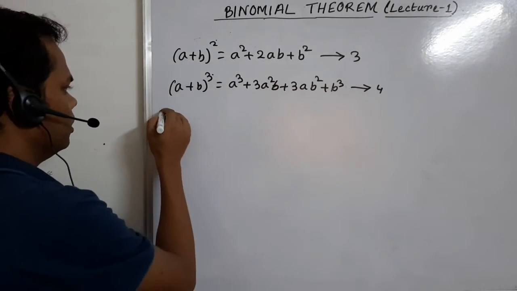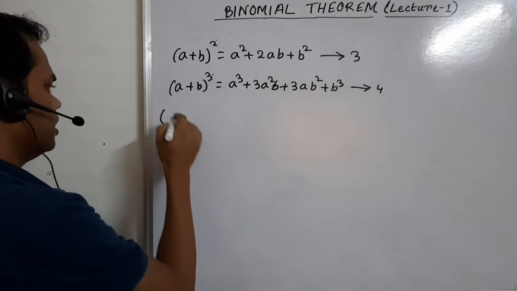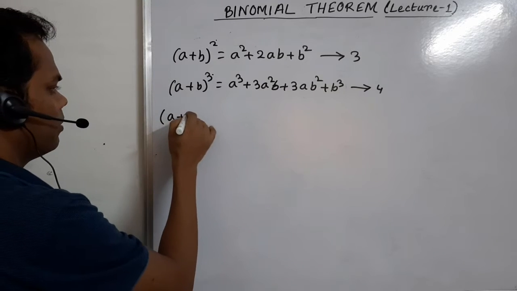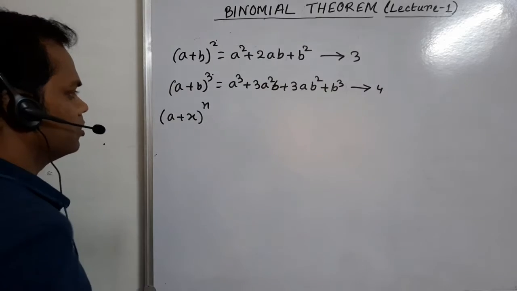So by this formula, or using mathematical induction, the binomial theorem is (a+x)^n.